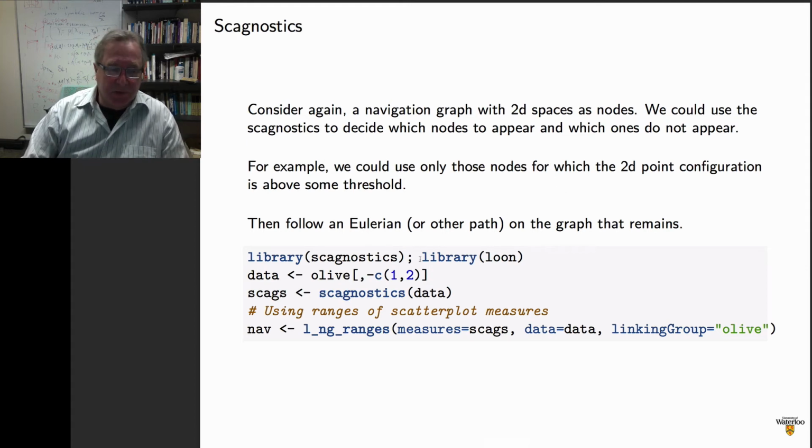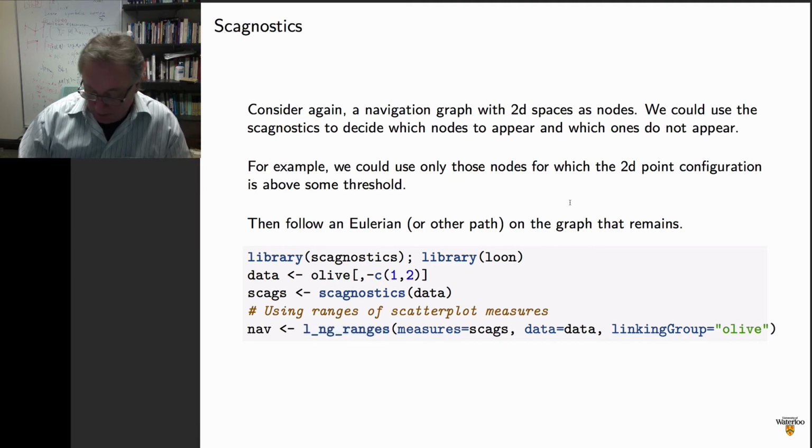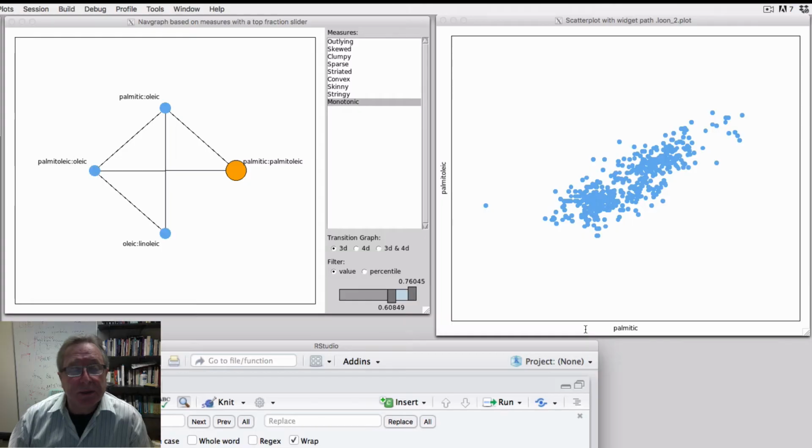So what I can do now is look at the olive data itself. I'm just going to calculate that. And in Loon, there are a number of things that are useful for looking at these measures of interest on scatter plots. So this is l_ng_ranges, for navigation graph ranges. We'll just have a look at what that looks like.